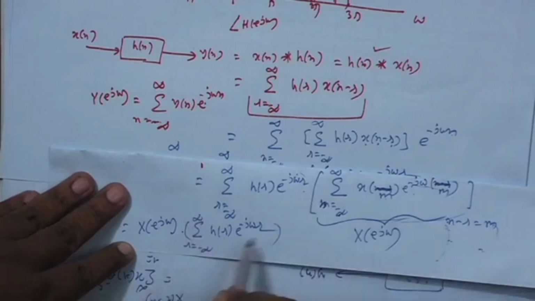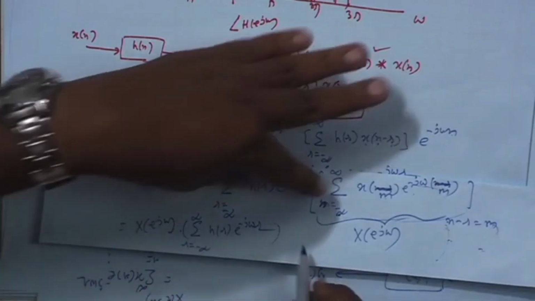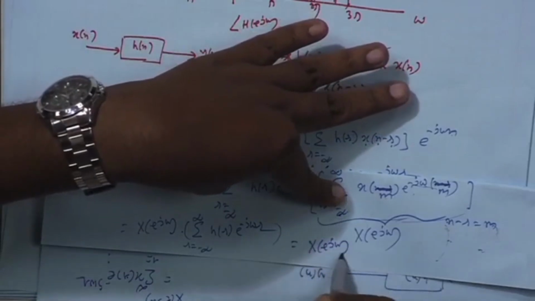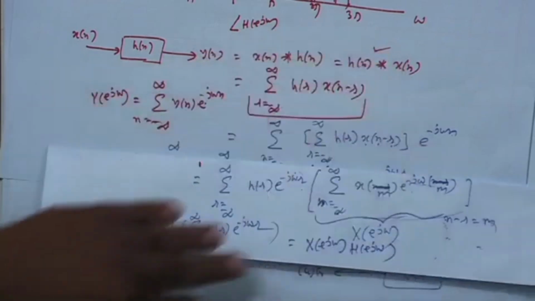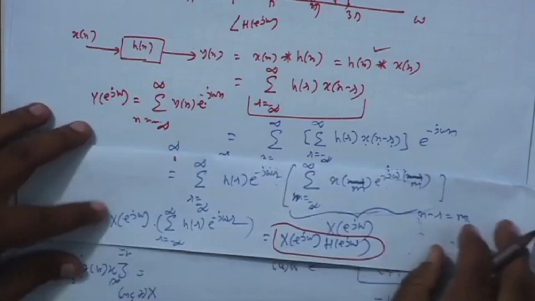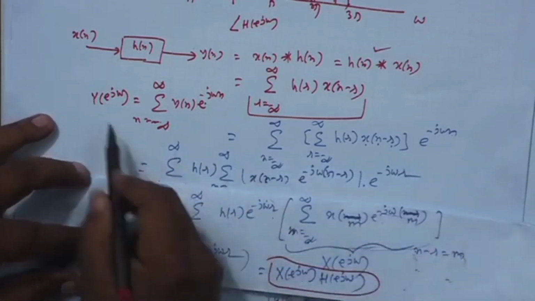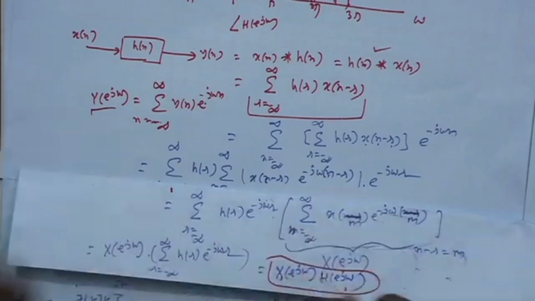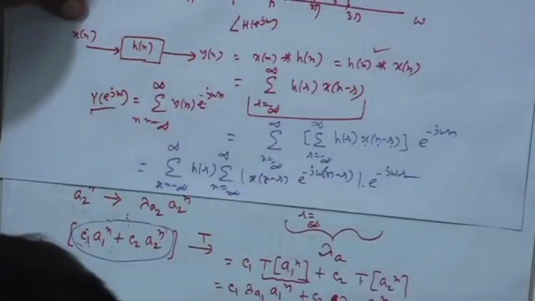But what is this? This is again the DTFT of the h of n sequence. So, this is a product of the two, and then I get the proof directly. All right. This DTFT is nothing but the product of the two. This is a direct proof. Earlier we just arrived at that by comparison of two integrals.